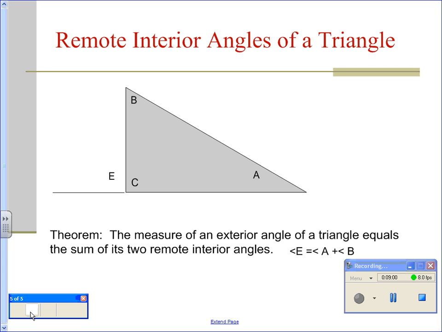All right. Remote interior angles of a triangle. The measure of an exterior angle equals the sum of its two remote interior angles. So this is the exterior angle because it's on the outside. Does that make sense? Whatever it is, A and B, C plus A plus B equals 180, right?